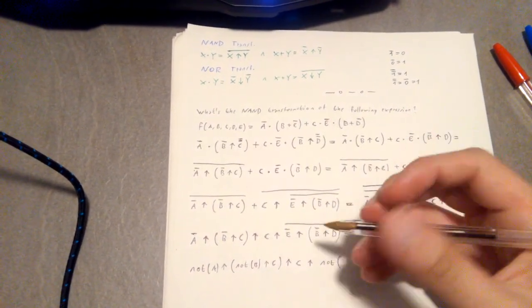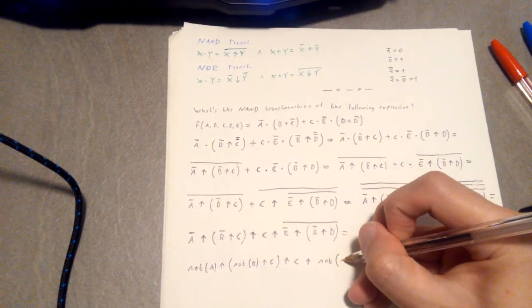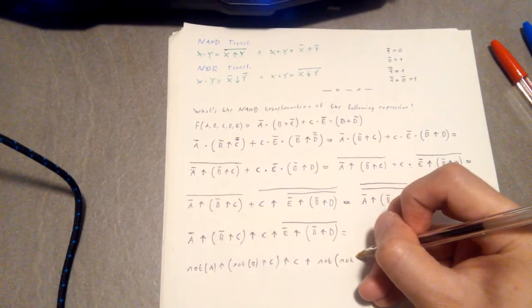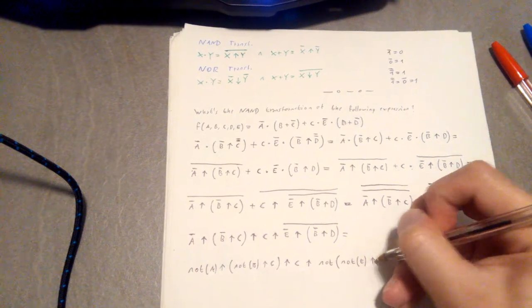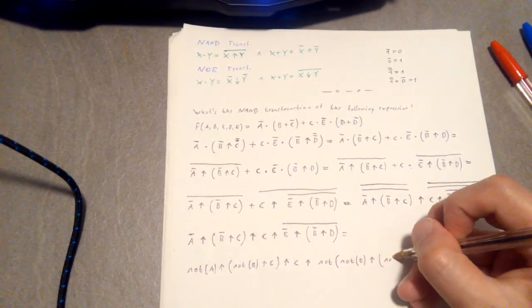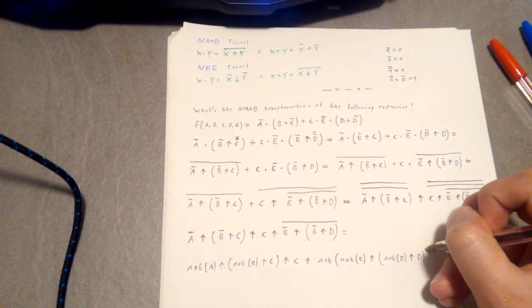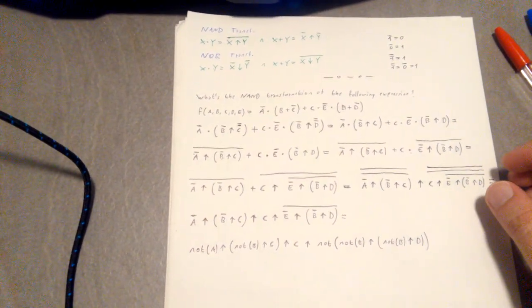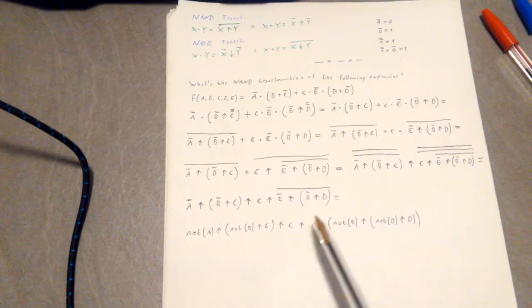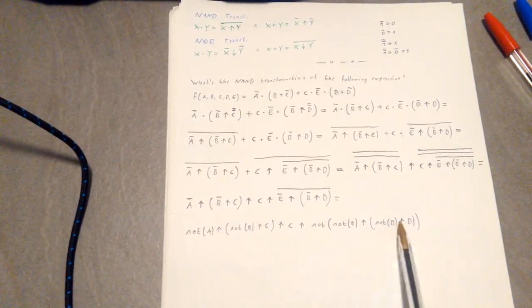So because it's going to be inverted when you have the output. So we have not e with the arrow upward, not b with the arrow upward, d, and we close the parentheses after that. So this is going to be our final answer.